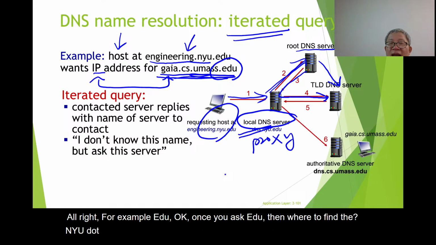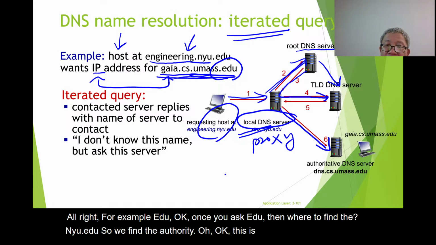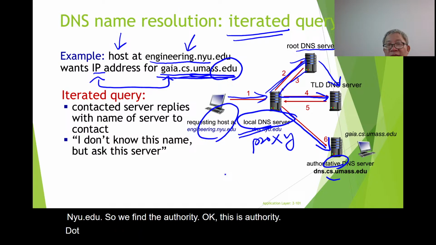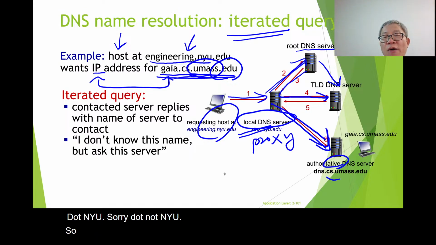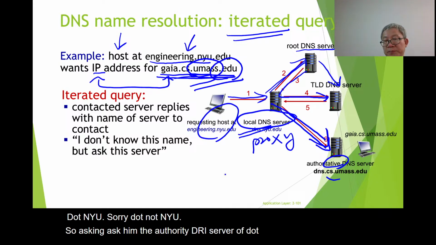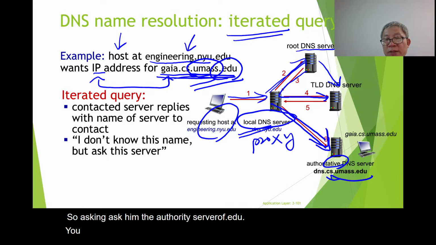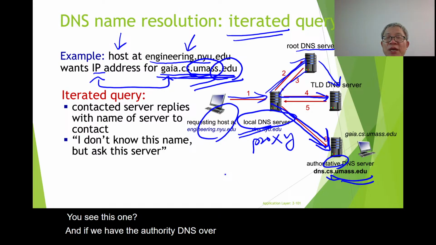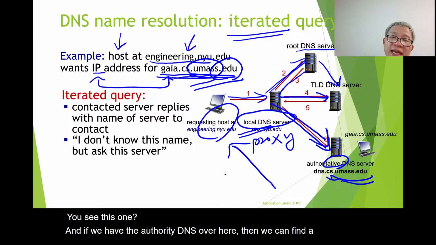So we find the authoritative one. Oh, sorry, UMass, not NYU. So we ask the authoritative DNS server of UMass.edu. And if we have the authoritative DNS server here, then we can find a solution. So we should find the answer.